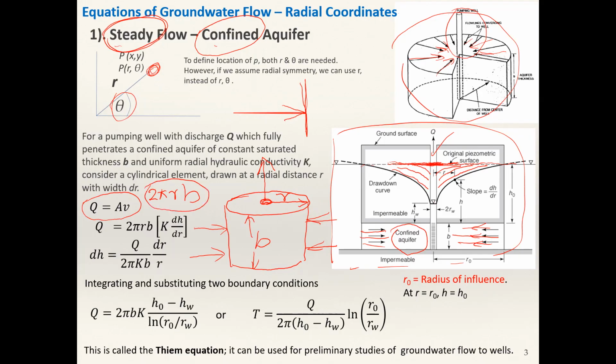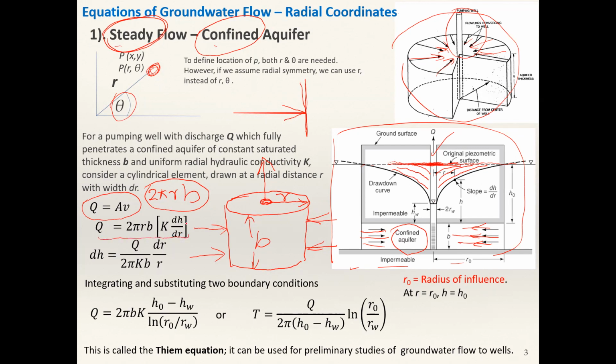So A is equal to 2πRB, multiplied by the Darcy velocity. V is the average velocity. How do you write average velocity? K dH over dr. That is the Darcy equation, right? So that is all you need.